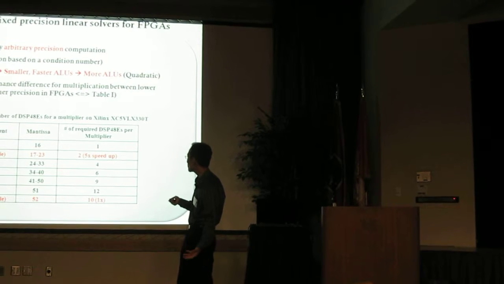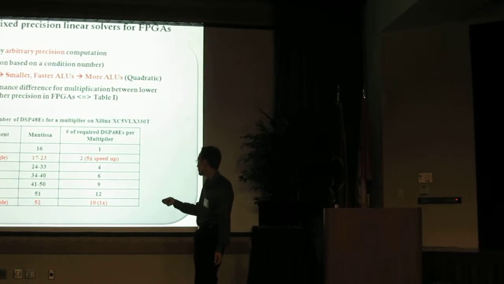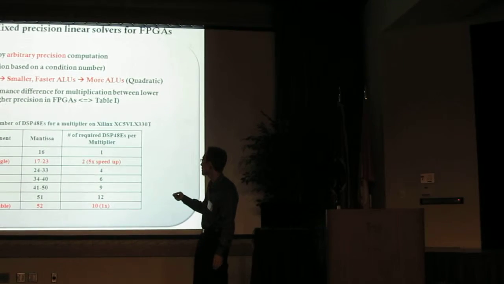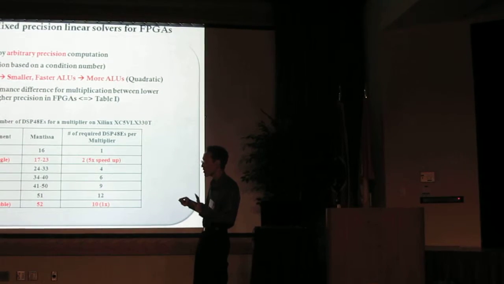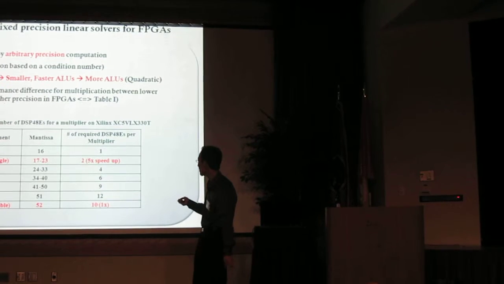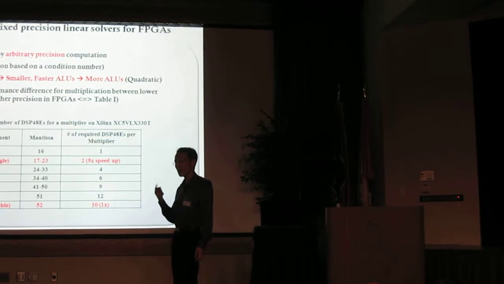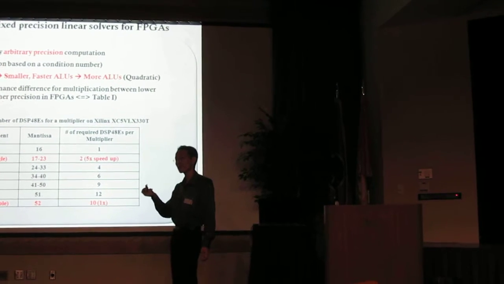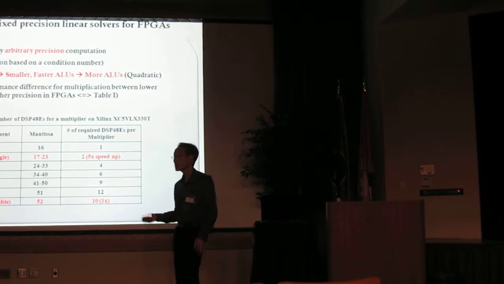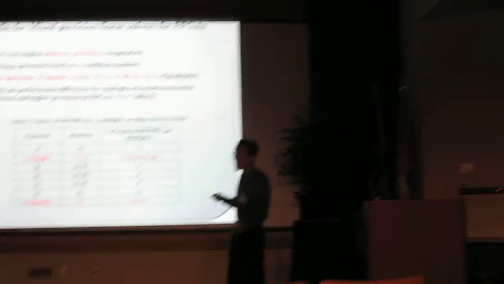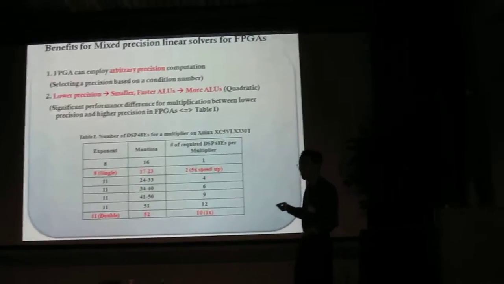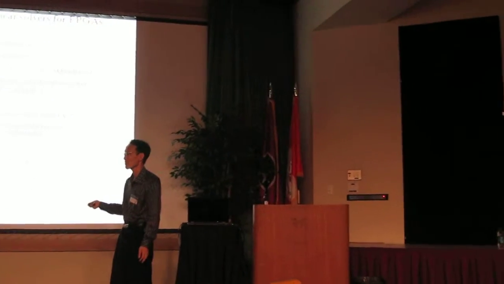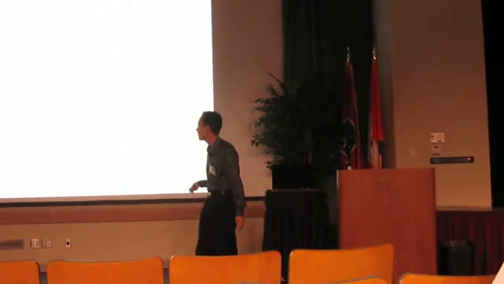So you can simply expect a 5 times speedup if you employ single precision rather than double precision, because you can keep five times as many multipliers in the fixed area. And as you can guess, double precision computation takes twice as long as single precision computation in general. So you can expect around 10 times performance improvement simply by employing single precision rather than double precision inside the FPGAs.